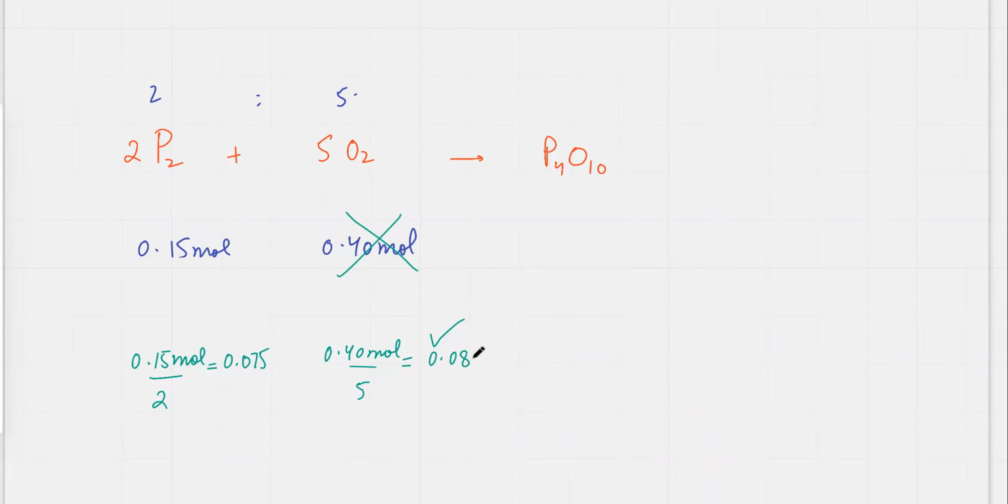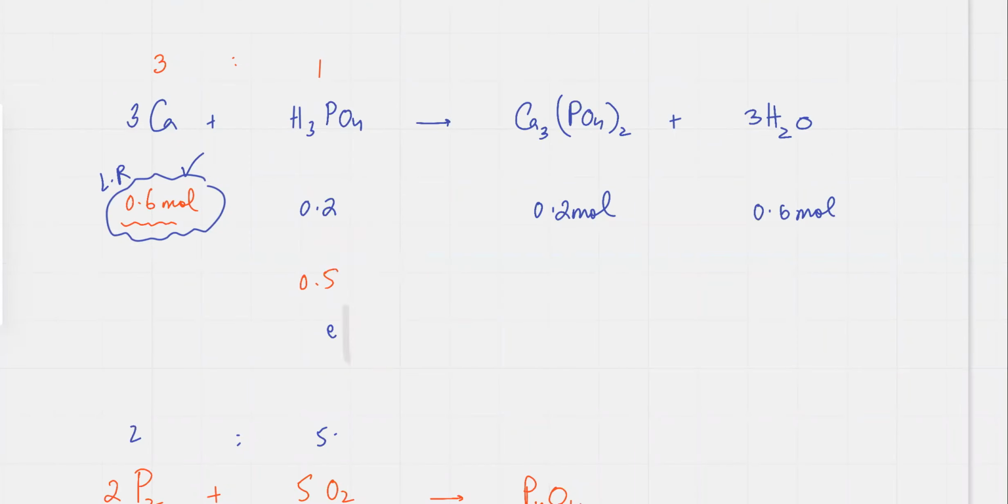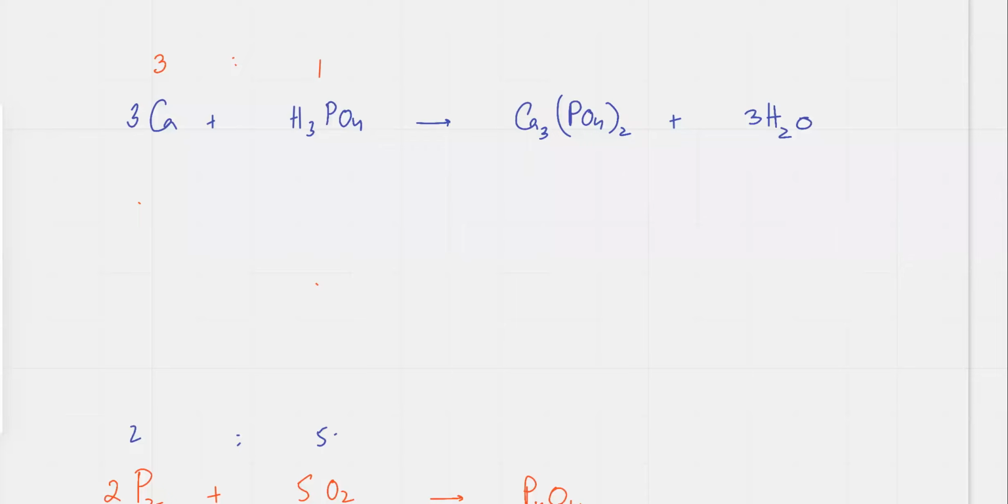The larger number, the bigger number, that's the one that's in excess, after doing this. So I'm going to do the same thing over here. We already did this, so I'm going to do the whole question again without thinking too much about limiting and excess. I think we had 0.6 moles of this.